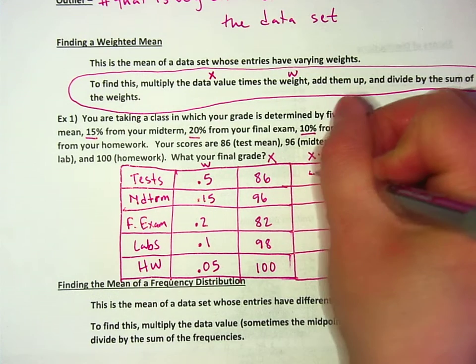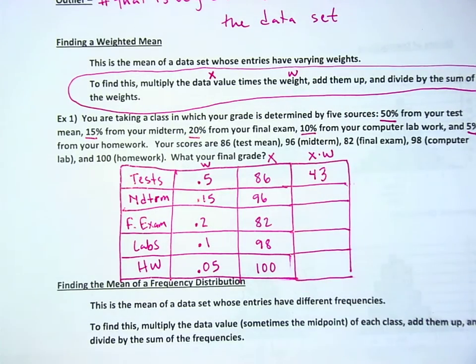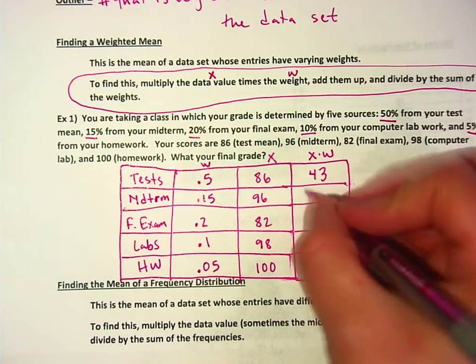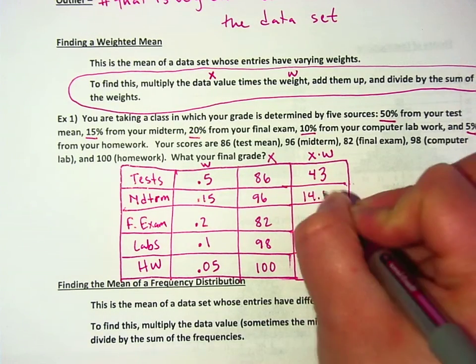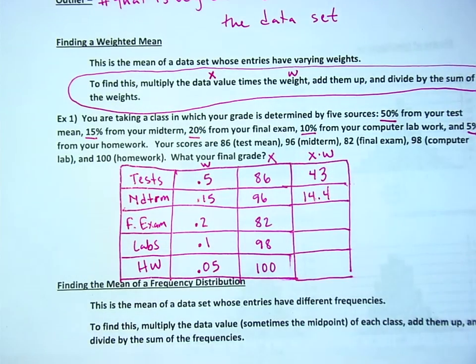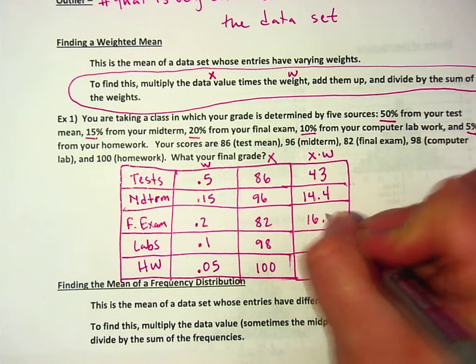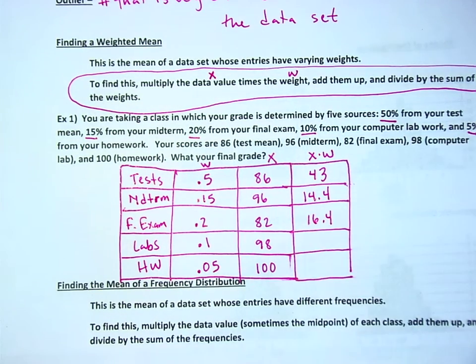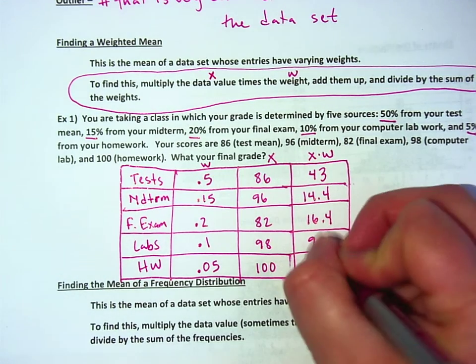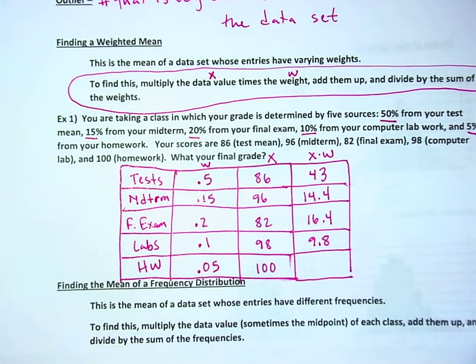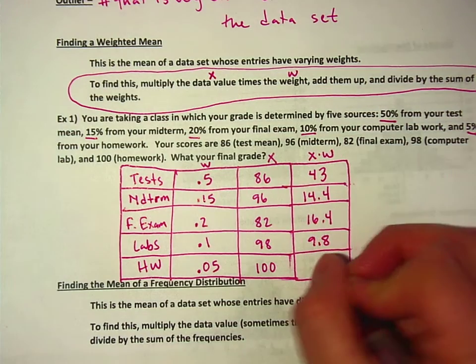So the first one is 43, that is 50% of 86. Then we get 15% of 96 is 14.4. 20% of 82 is 16.4. 10% of 98 is 9.8. And 5% of 100 is 5.